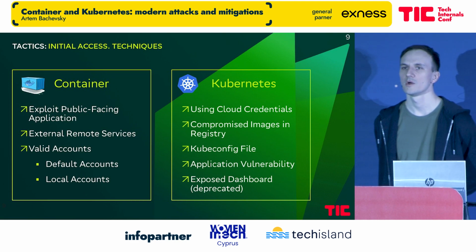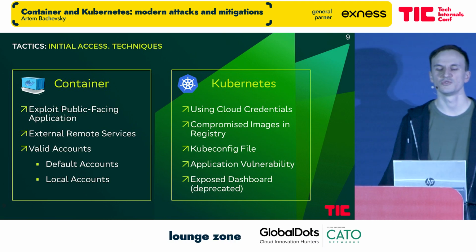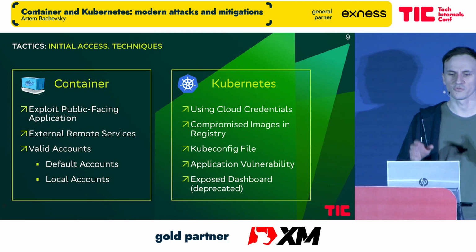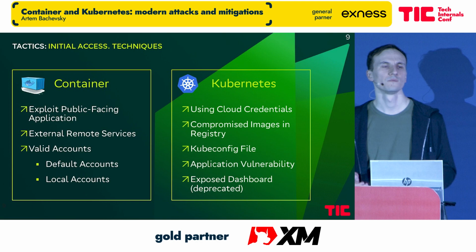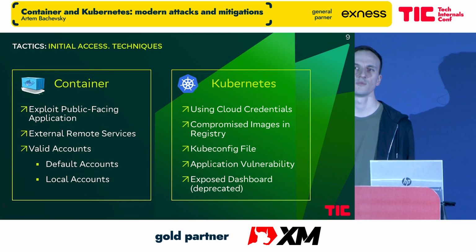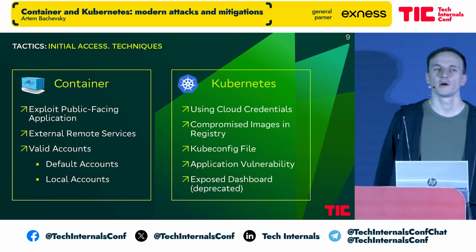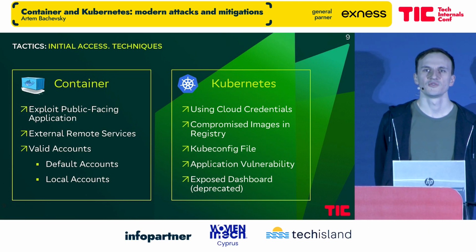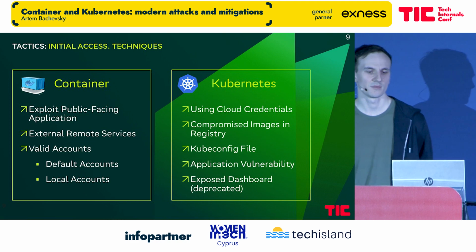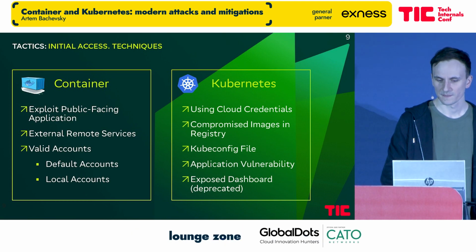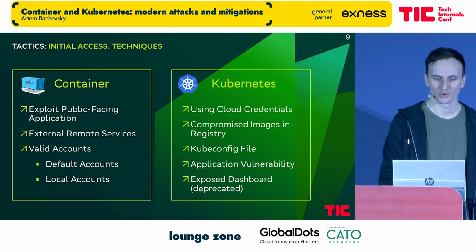Or you could use some compromised image in your infrastructure. Or, for example, commit a kubeconfig file in your publicly available Git, and then delete it. But as you know, Git remembers everything, and the internet remembers everything. Or it could be just an application vulnerability, or an exposed dashboard in Kubernetes.